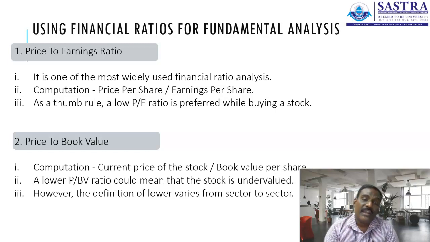With overvalued securities, it is not possible to predict when the prices of such stocks or securities are going to fall in the market. So undervalued securities are advised to buy, whereas overvalued securities are advised to sell in the market.